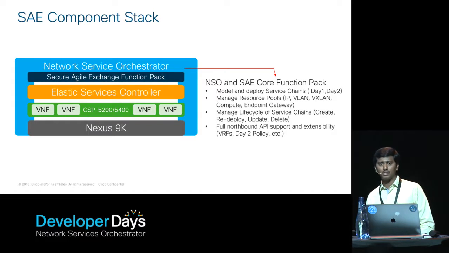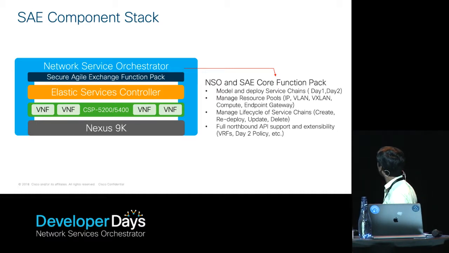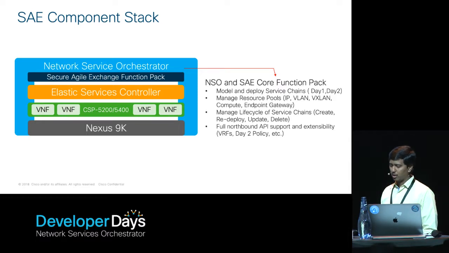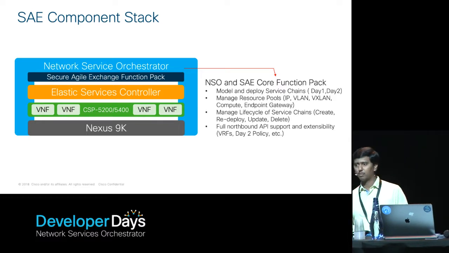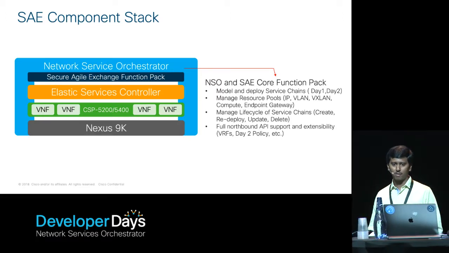On top of that is the Network Services Orchestrator running with the core function pack, which models and deploys the service chains to manage your infrastructure requirements, like site-based requirements for resource pools, AS pools, etc., along with full northbound API support to integrate with any of your existing OSS or BSS systems.